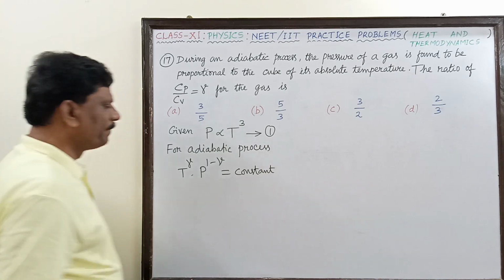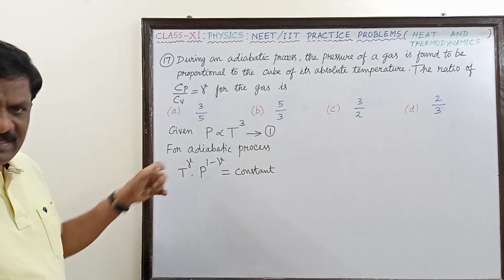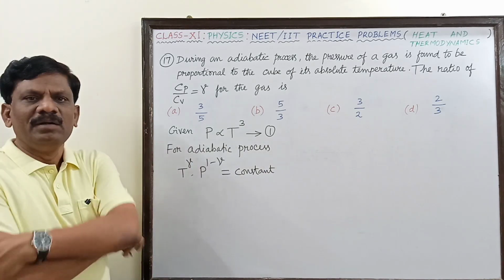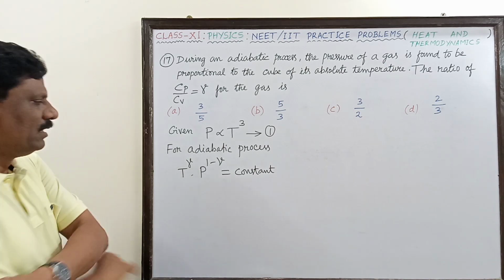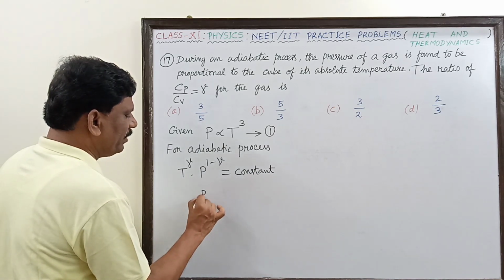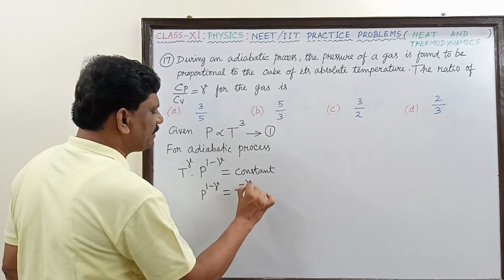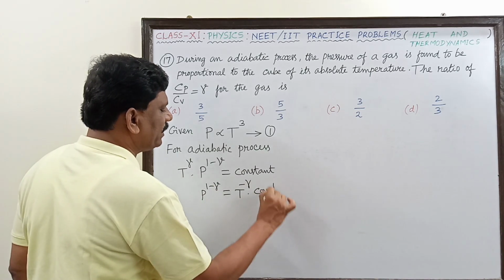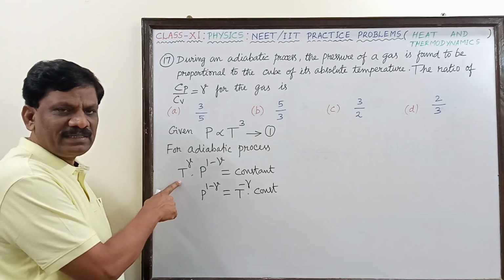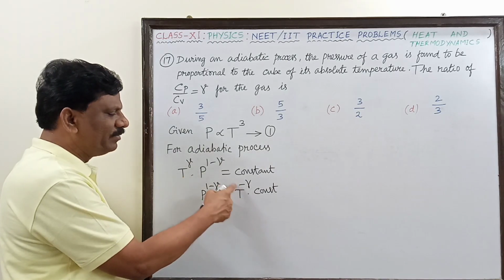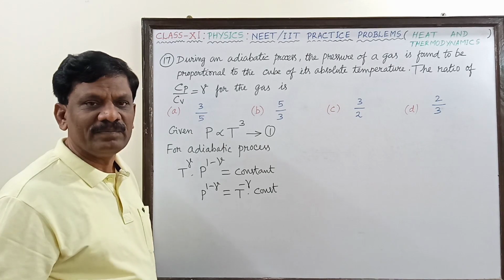So this is the equation of state relating temperature and pressure. Understand? So I will write P power 1 minus gamma is equal to T power minus gamma into constant. T power gamma is on the left hand side; when I take it to the right hand side, it becomes T power minus gamma.